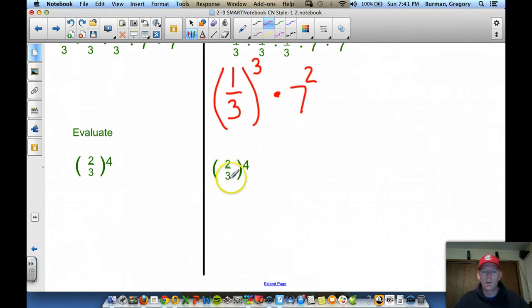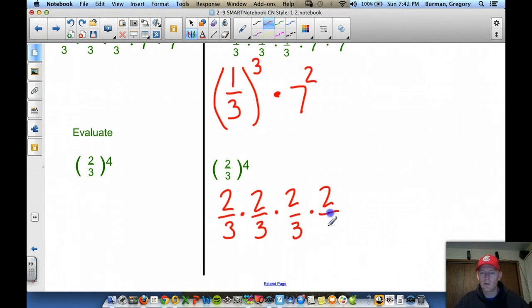Now, 2/3 to the fourth power means 2/3 times 2/3 times 2/3 times 2/3. Or if you write this in another way, we could say it's 2 to the fourth power over 3 to the fourth power.